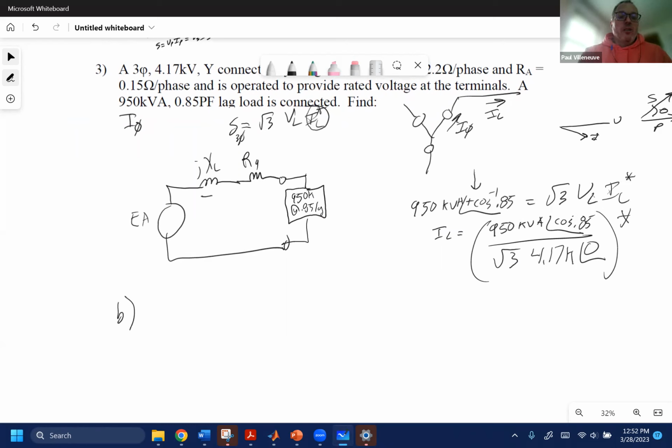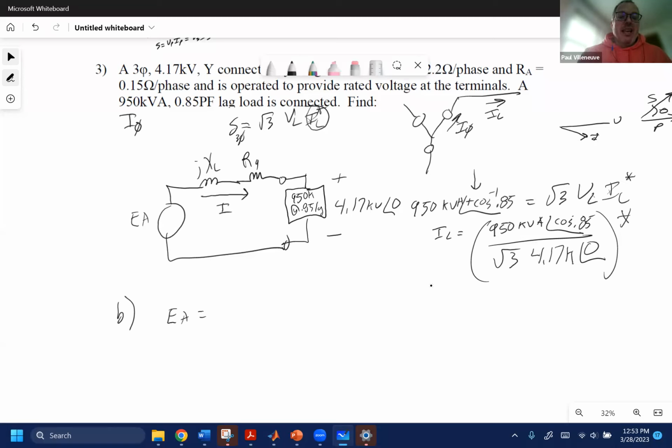Once we knew the current, here's I, then to solve for EA, we took our terminal voltage. Remember, what the customer expects is rated voltage at the terminals of the machine. EA is adjusted by varying the excitation so that we meet the client demands of getting 4.17 at an angle, or we pick an angle of 0, but the magnitude of the voltage is going to be 4.17.